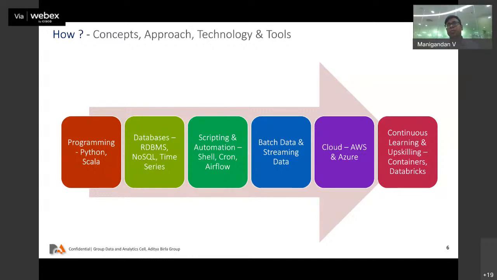No, because this is an evolving field where new things and new technologies are coming up every other year. So you need to be on a continuous learning path where you keep upskilling yourself. Let's say you want to Dockerize this entire thing and run it as a container, and then you have more containers to manage.